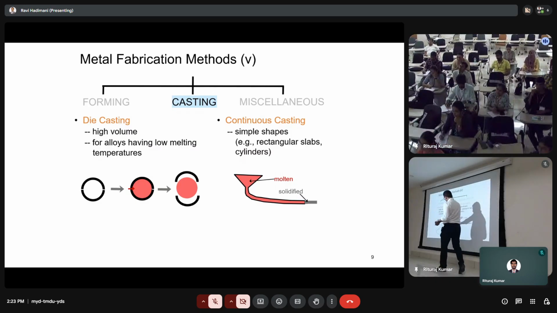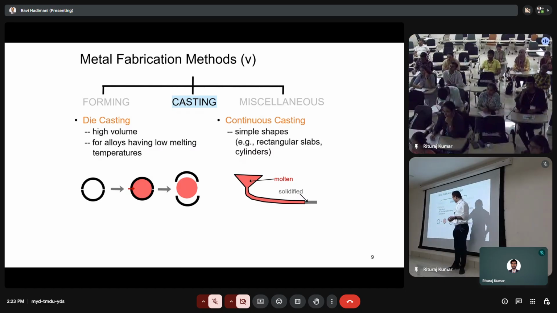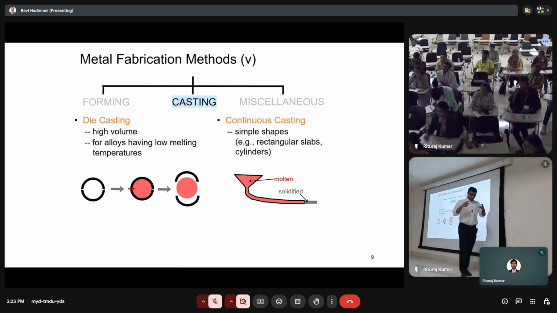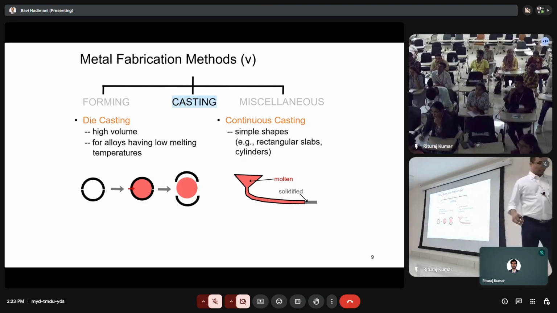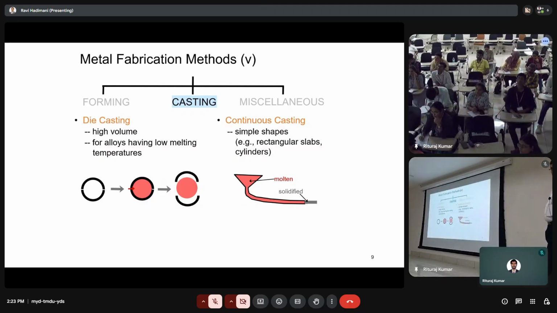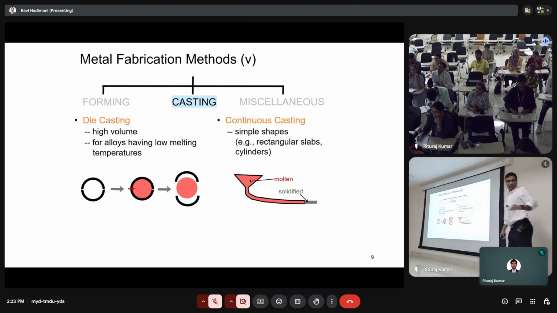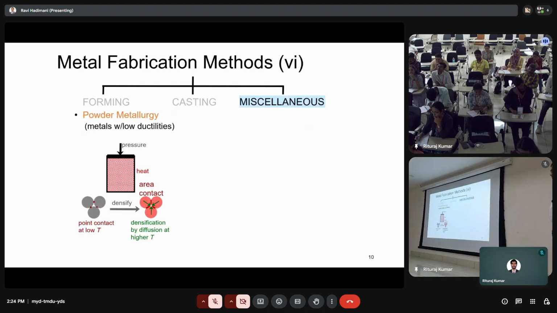Because they're in two parts, at the places where there is mold separation you need to do some post-processing for surface finish. But that is also a less expensive, high-throughput process. Another one is called continuous casting. And then you have miscellaneous, which includes sintering, powder metallurgy, and so on.